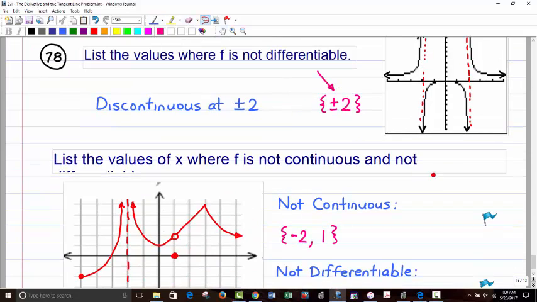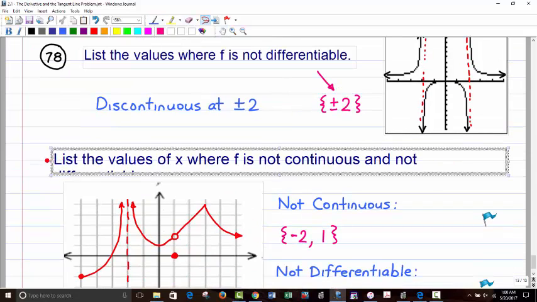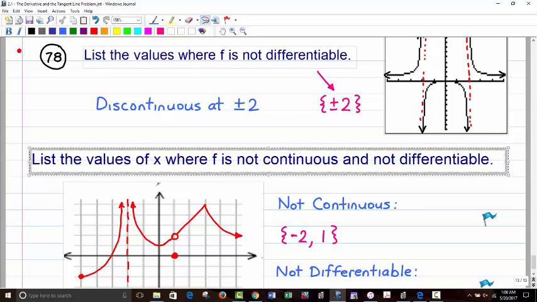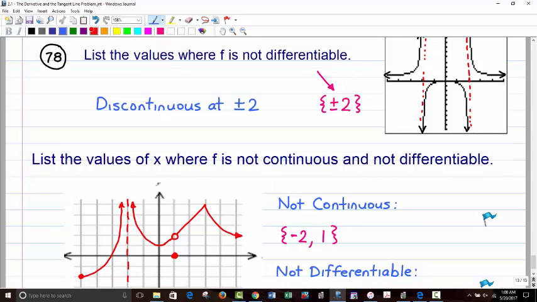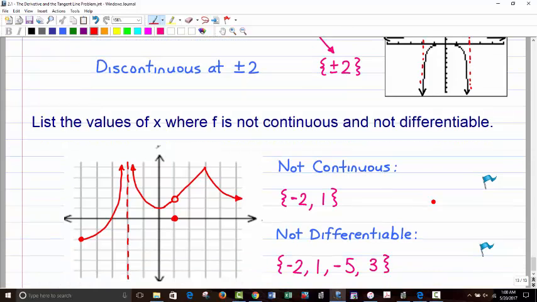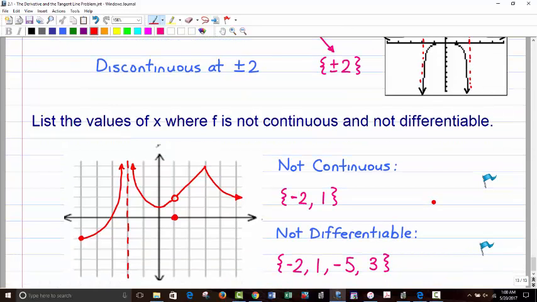So this one is telling us to list the values of x where the graph is not continuous and not differentiable. One thing about this list is, you're going to have either the same amount of numbers or more in the not differentiable than in the not continuous.